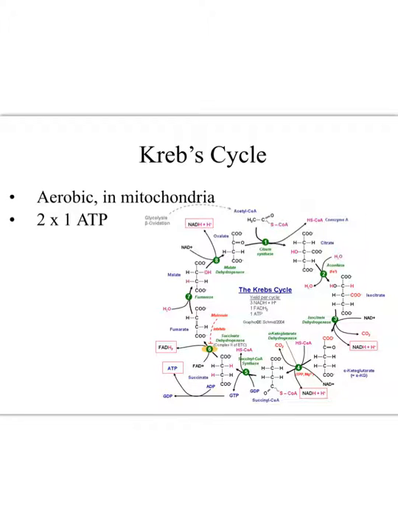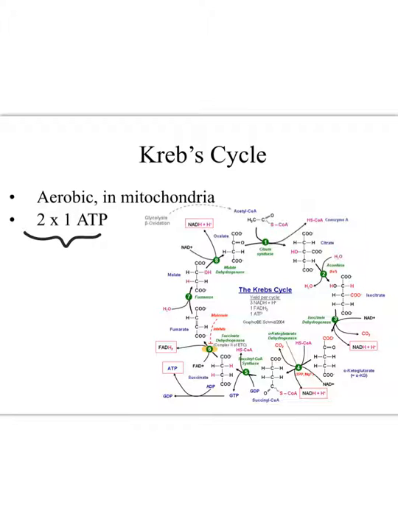So here is another diagram of the Krebs cycle, and two things to note here are that it is aerobic, which means you have to have oxygen, and it's happening inside the mitochondria. If you look, you're only producing 2 molecules of ATP net, so it's not a huge yield. And as I've written it this way, 2 times 1, simply because you're going to be making 2 revolutions of the cycle.